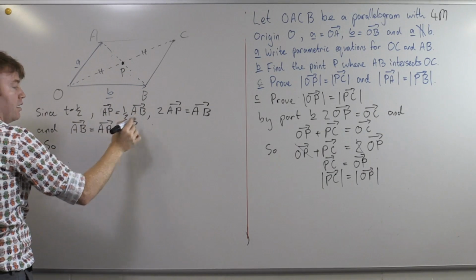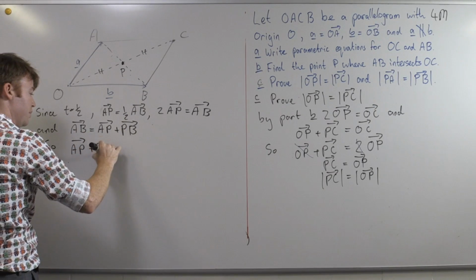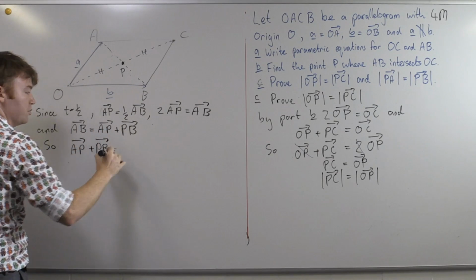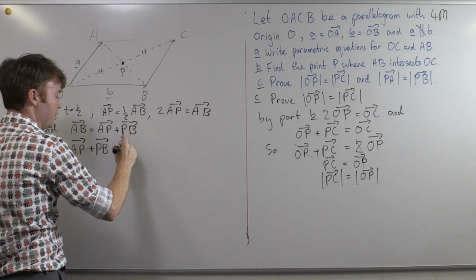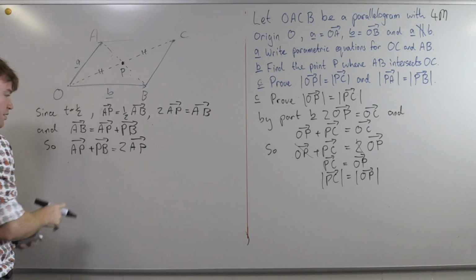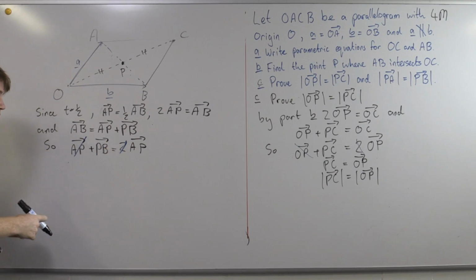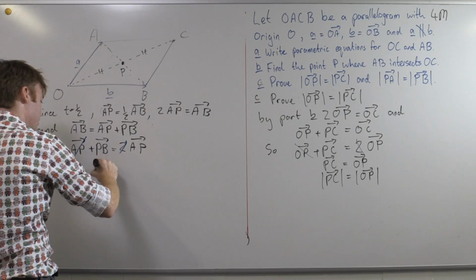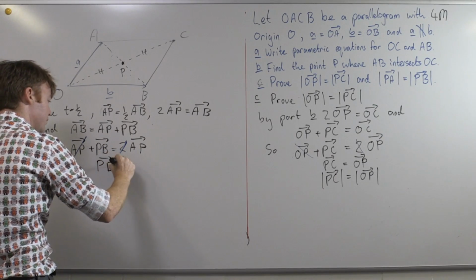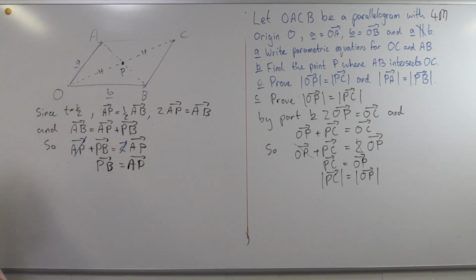So AP plus PB is equal to AB, but that's equal to 2AP. And again, I just cancel some stuff off. I've got 1AP here, that'll cancel with that one over there, and I get PB is AP. The question actually asked me for PA.